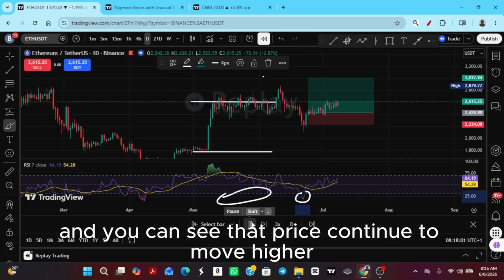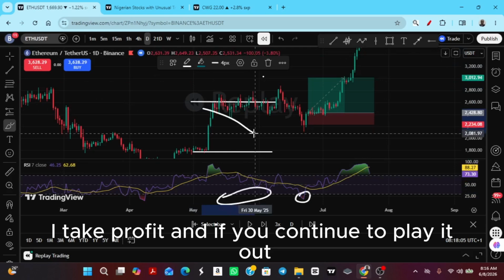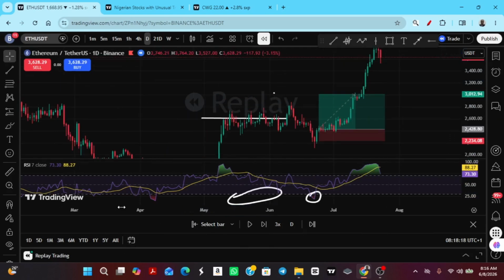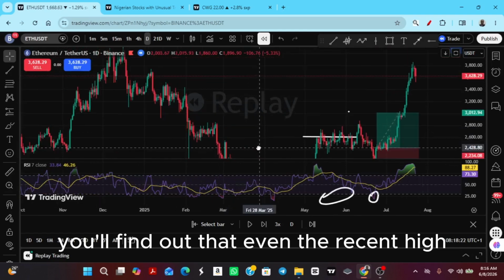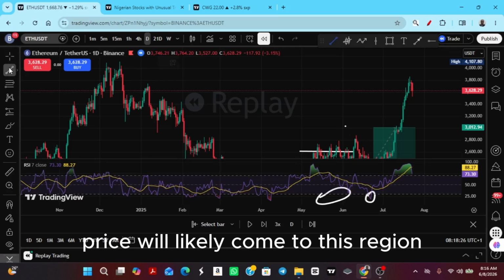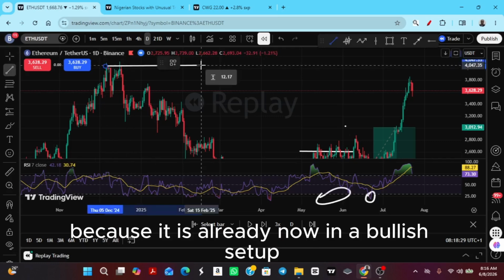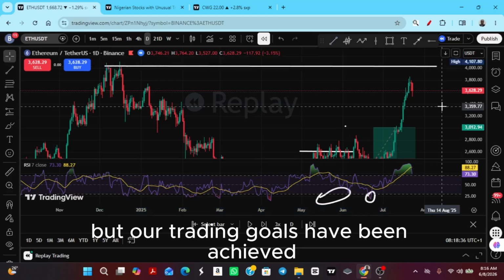And you can see the price continue to move higher, and boom, I take profit. If we continue to play this video out, you'll find that even the recent high, price will likely come to this region because it is now in a bullish setup. But our trading goals have been achieved.